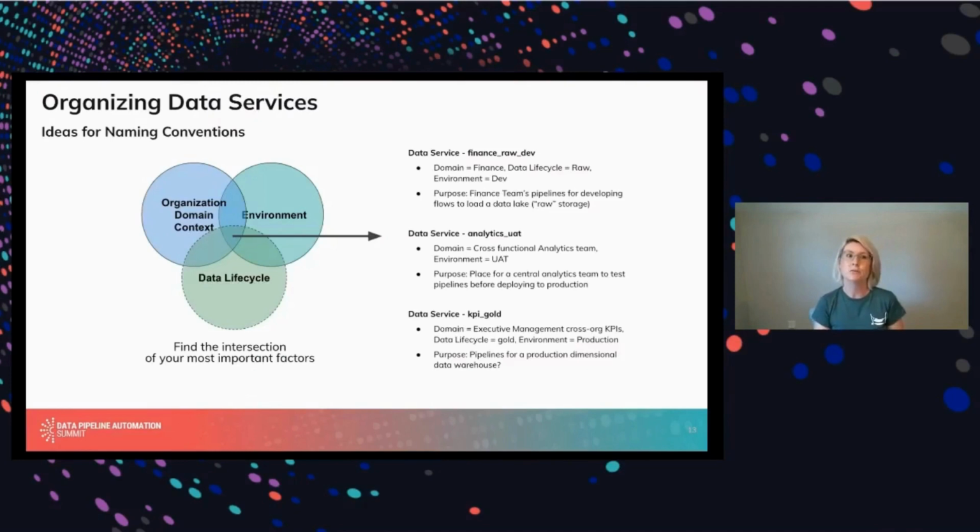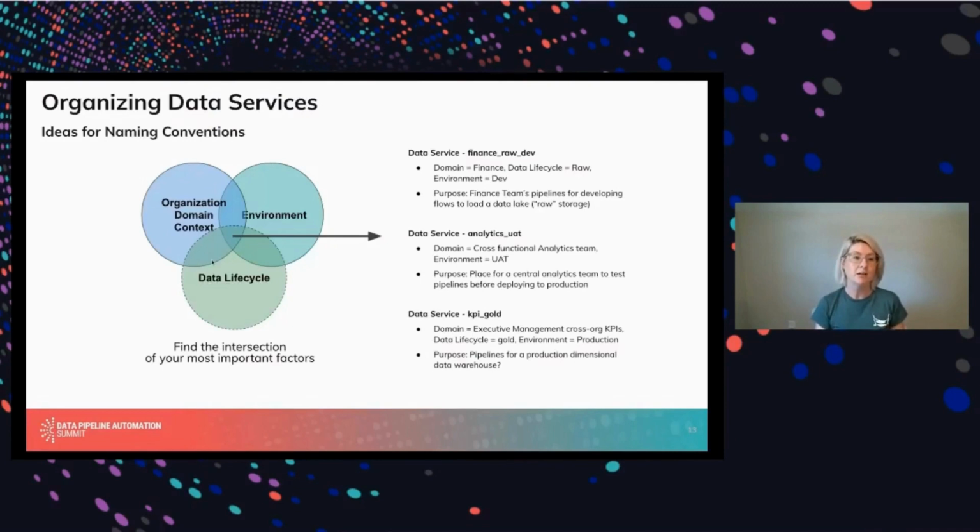And yesterday, Alex had a great talk about cost management, really went into how you can utilize the reporting from Ascend to identify the cost for each data service. So keep that in mind whenever you're looking to create the naming conventions you want here.